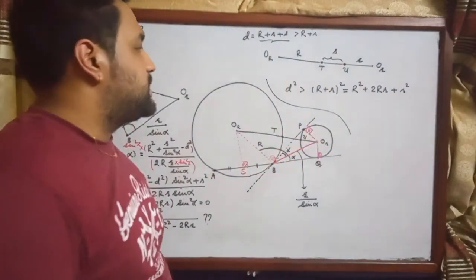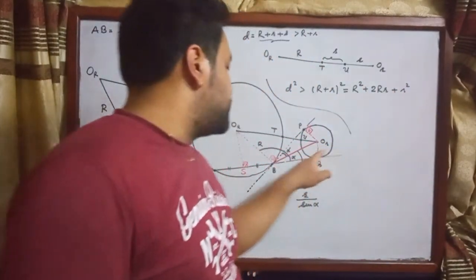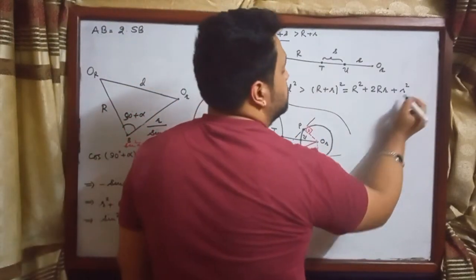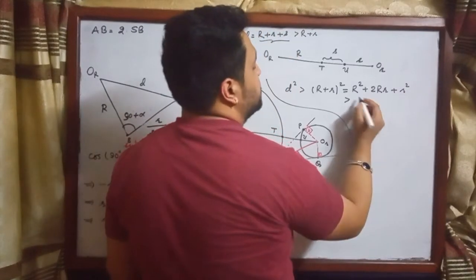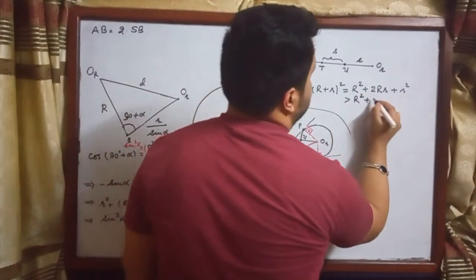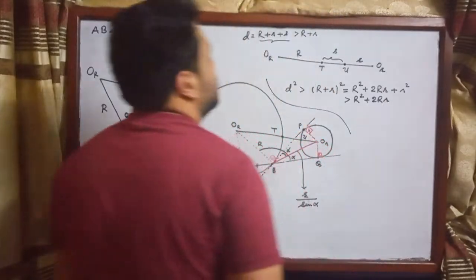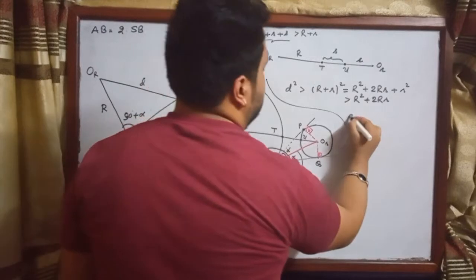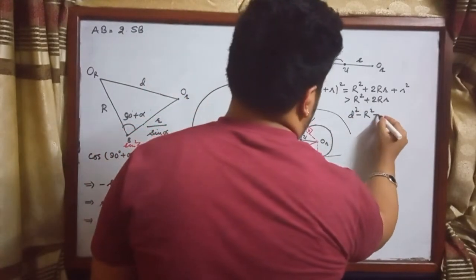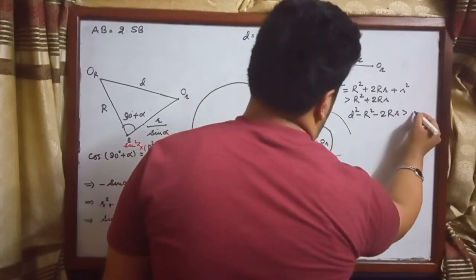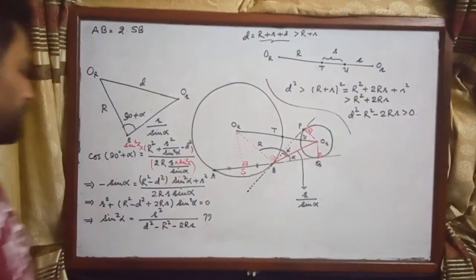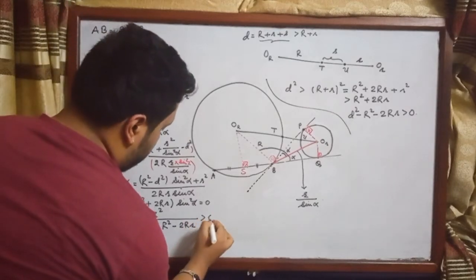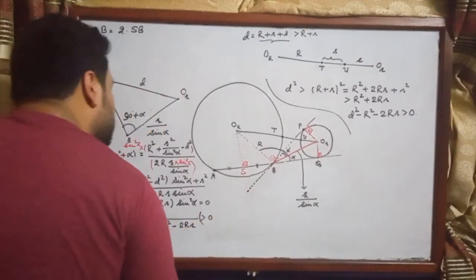Again, since r squared is positive because it's the radius of the smaller circle, it's always positive. So since this is positive, we get R squared plus twice R r, which means if we take this to the left side, we will get D squared minus R squared minus twice R r will be greater than 0. So this is greater than 0. We've shown that.